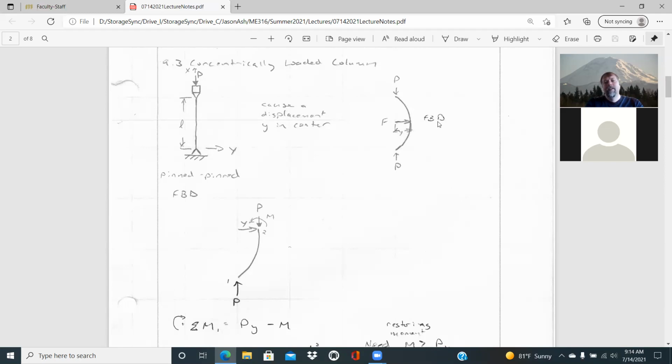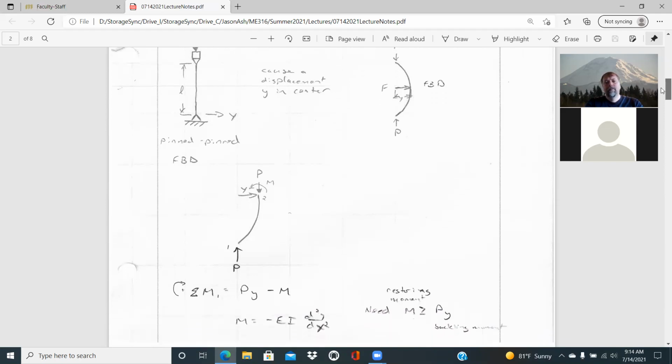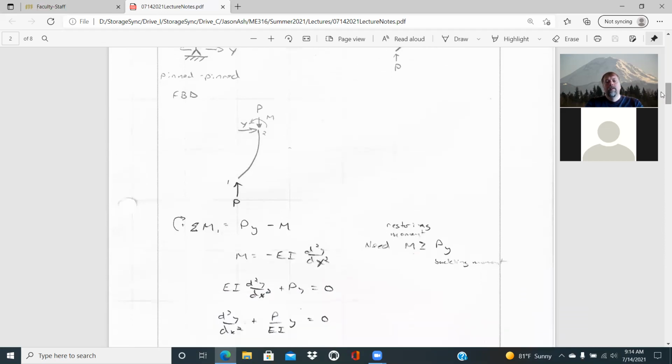So we'd have the given free body diagram. And even without that force present, just say we have a displacement in the Y direction resulting from that buckling, we would be able to draw a free body diagram of that case once we remove that force.